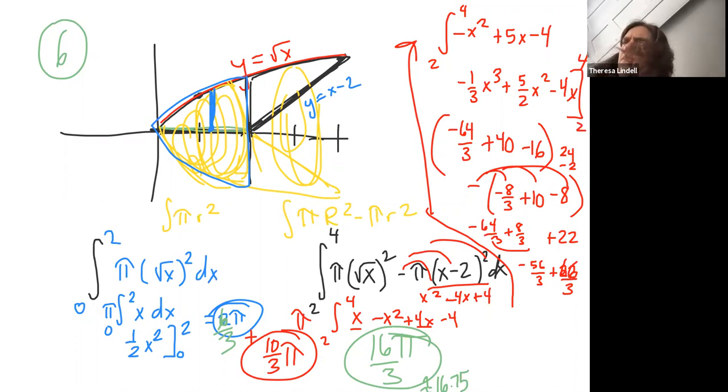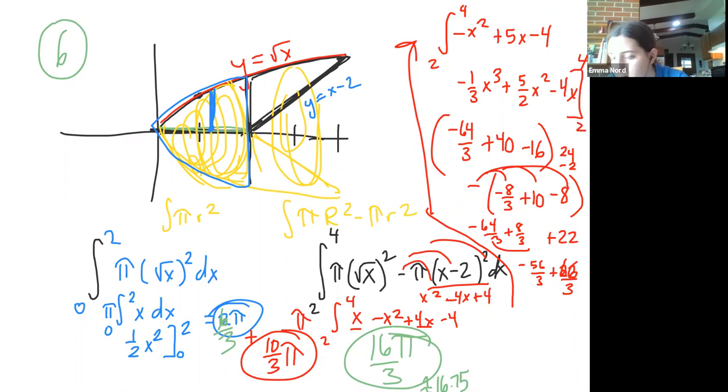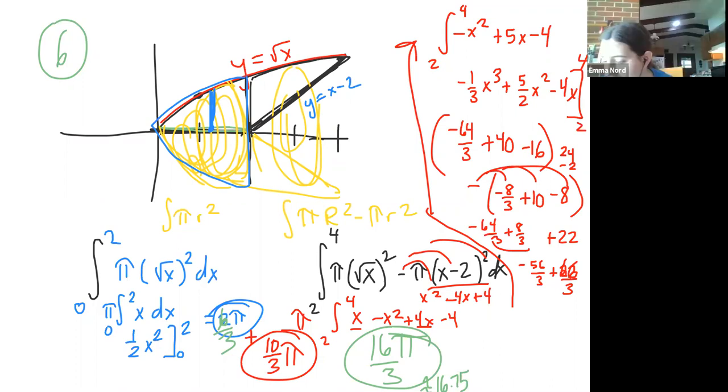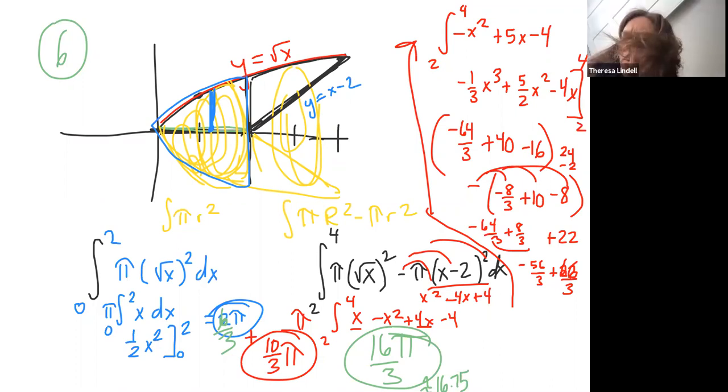Wait, is that the same as 10 2/3 pi? Which is what I had. No. That's weird. You know what I think I did, Emma? Maybe double check some work there, because I think I saw your 10 2/3 pi and thought it was the 10 thirds and the 2. Do you have the same setup?